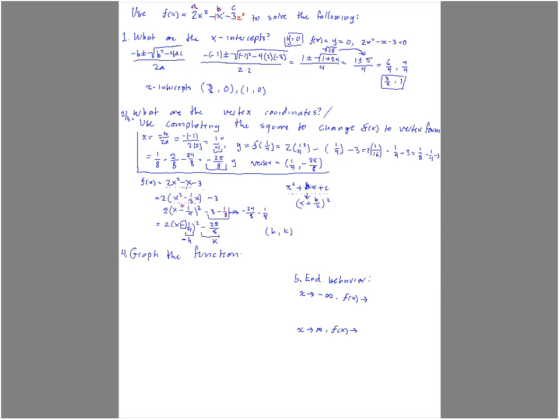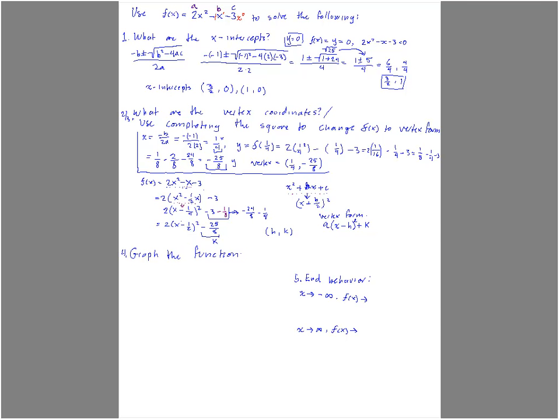Which one is? So the standard form is a times (x minus h) squared plus k. Right, so this is minus h. That means that the 1/4 is going to be positive. And that's for the vertex form of an equation. So vertex form, and I'm missing a squared here. Okay.